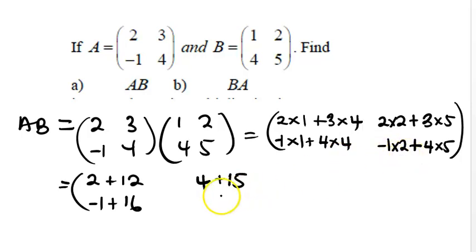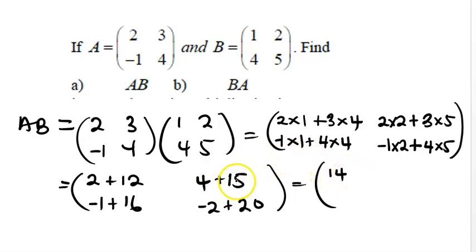Then minus 1 times 2, minus 2, plus 4 times 5, which is 20. So 2 plus 12 will be 14. 4 plus 15, 19. Minus 1 plus 16, we have 15. Then minus 2 plus 20, that's 18.